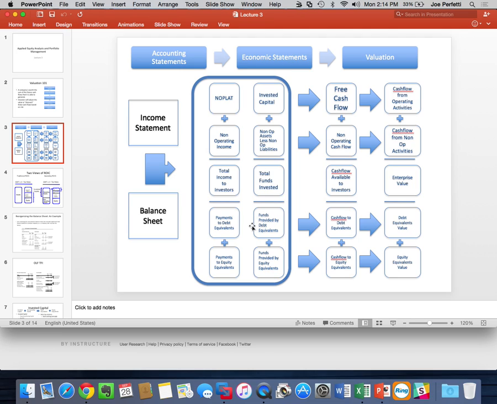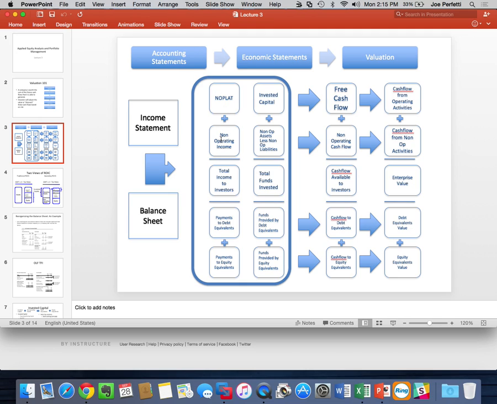So the way to work is on the income statement, we'll take the operating items off the income statement and we'll put them into that first bucket, box 1, and that's going to get us our NOPLAT. We'll then take the non-operating items off the income statement, we'll rearrange them, and that's going to get us our non-operating income.